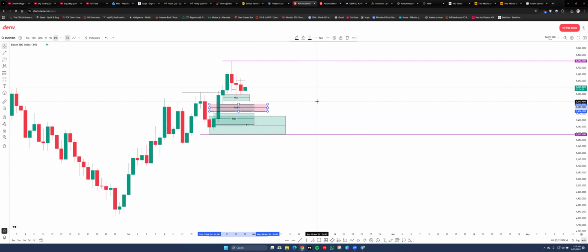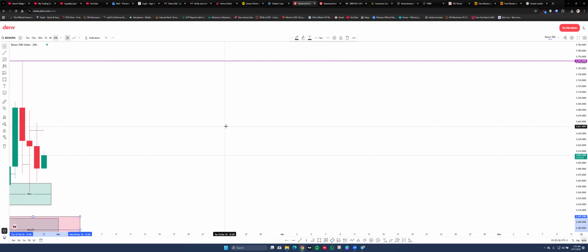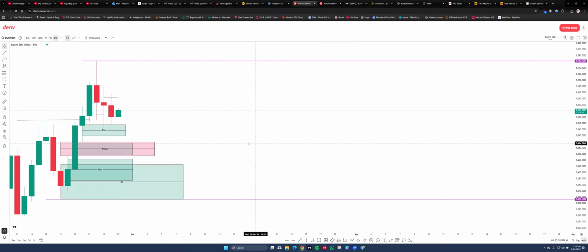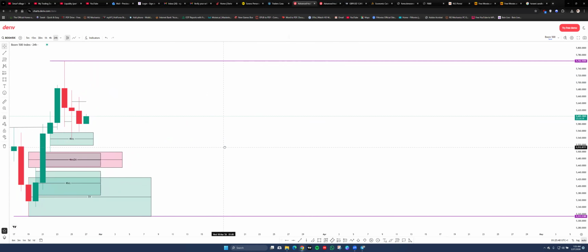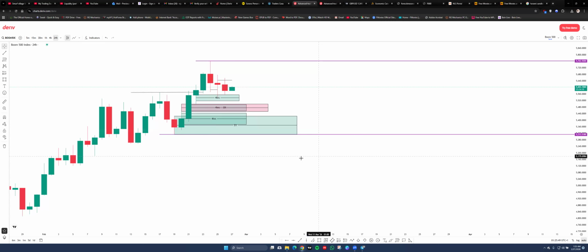Let me zoom in so I make sure I'm in the right spot. Yeah, there's a fair value gap area here, which I would say the market might use as a liquidity.